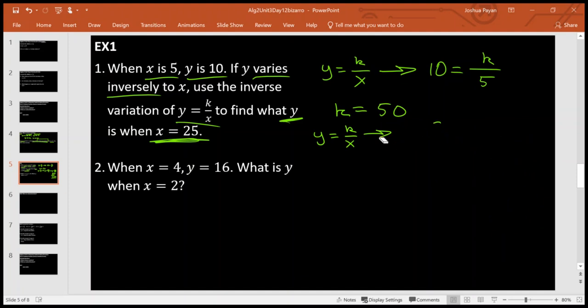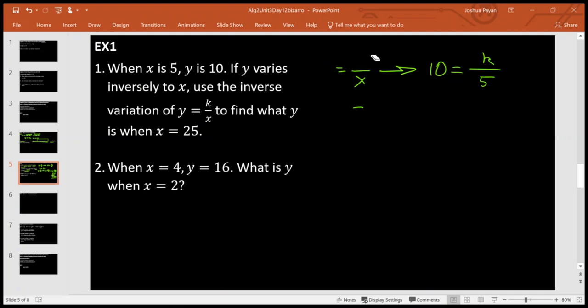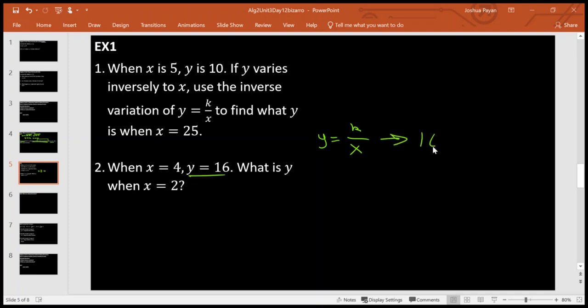So looking at this next example, now we're talking about the same relationship between the two, more or less. They're varying inversely, and we're told to assume such. So what about whenever x is 4 and y is 16? Well, we're going to do the same thing. So y equals k over x. Let's go ahead and figure out our constant of variation, assuming that y is 16 and x is 4.